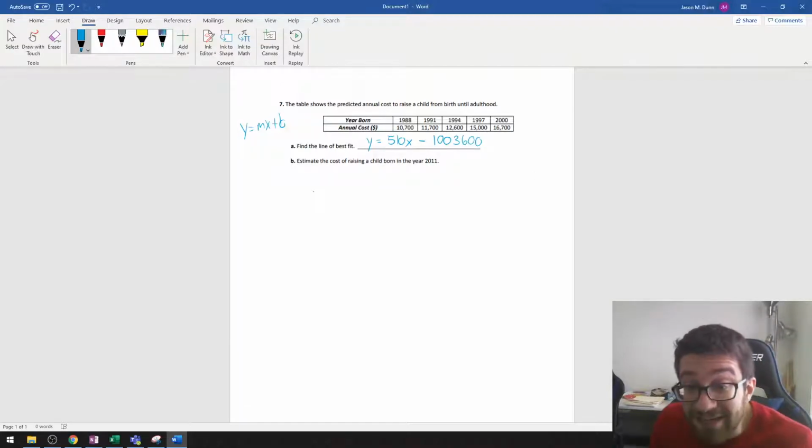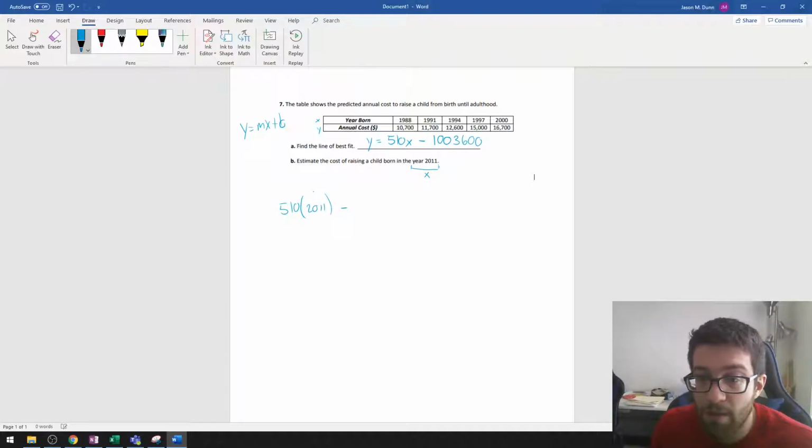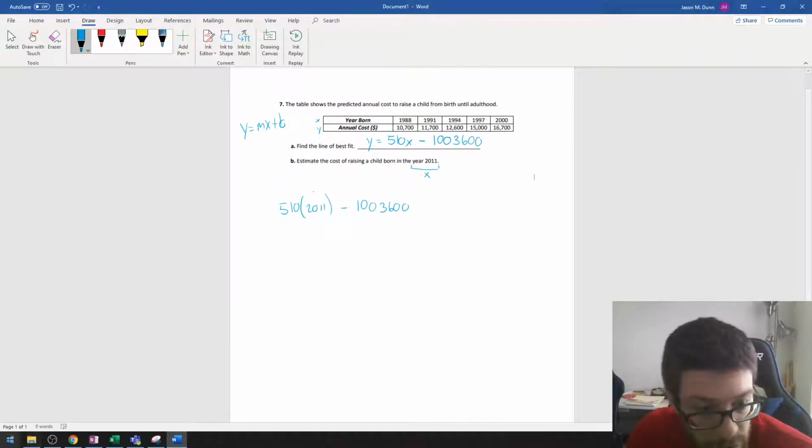So if we want to predict something with it, we're going to plug in the year 2011. Now remember that the year 2011 is representing an x value, since the x values were the top row of our chart. I'll plug in 2011. So we have 510 parentheses 2011 minus this 1 million number. I certainly don't want to do that in my head.